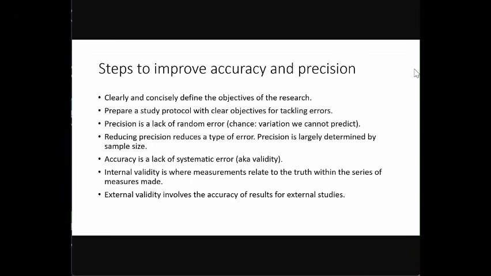Prepare your study protocol with clear objectives for tracking errors. Precision is a lack of random error. Precision, random error, that's chance. So for your work to be precise, there should be no error.